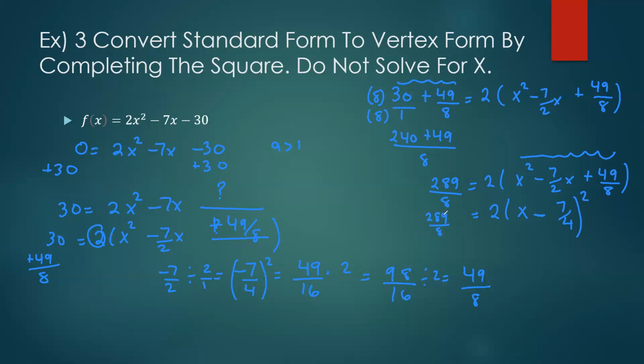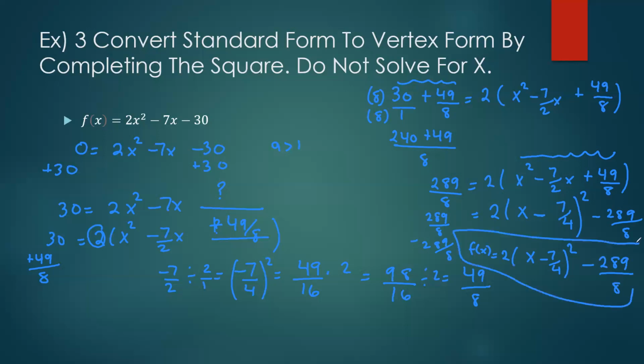Move the constant to the right, so subtract 289 over 8, subtract 289 over 8. So your final answer in vertex form is f of x equals 2 times x minus 7/4 squared minus 289 over 8. And that's it.